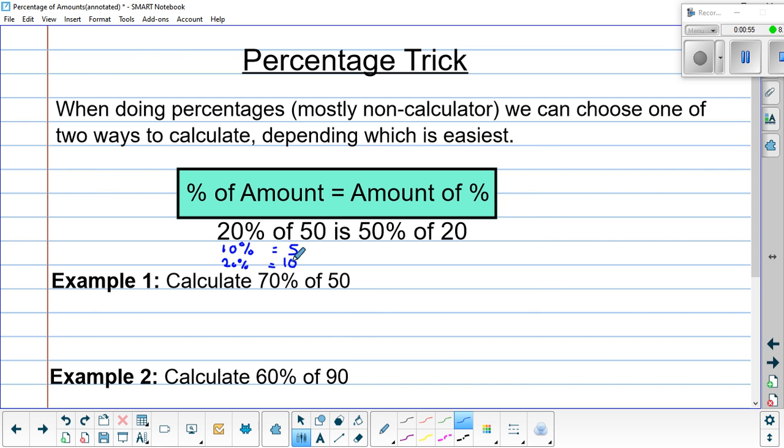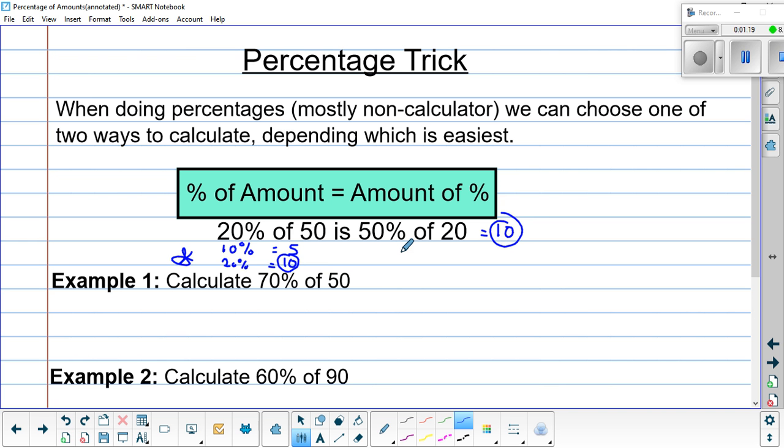Over here, what's half of 20? That's what 50% of 20 means. Well, that's 10. So it just depends. I think I had to do more work over here, right? Sometimes the reason why this is handy, and why I call it a percentage trick, is that half of 20 is a lot easier. You can even just see that. You've been doing that since you were in early years. So 50% of 20 is 10.